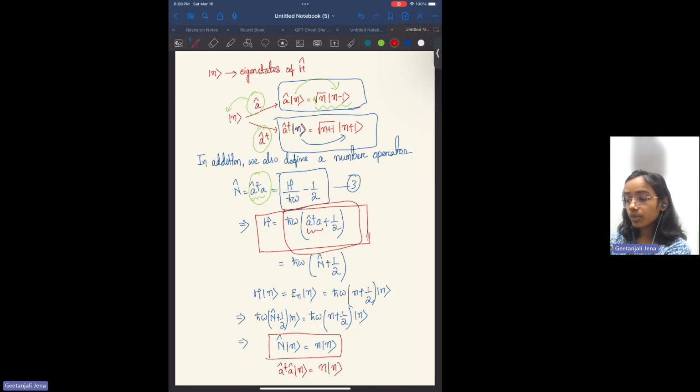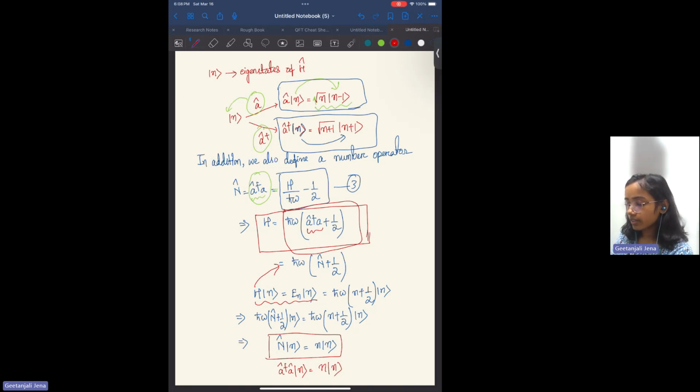To know how this number operator acts on any eigenstate, you know that when the Hamiltonian acts on any state n, it gives the energy eigenvalue with the same state n. The expression for En, you know, is (n plus half) h cut omega, and on the left hand side, you can put this expression h cut omega (N plus half).